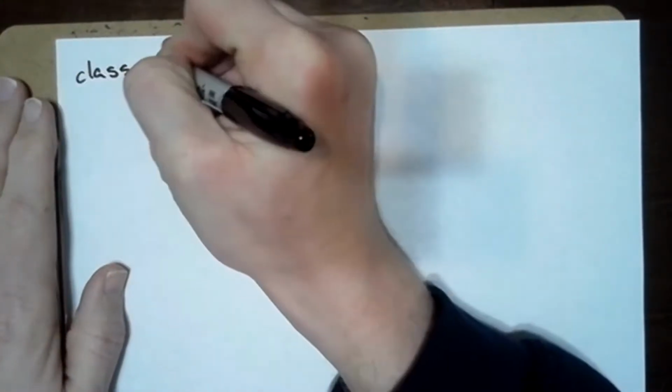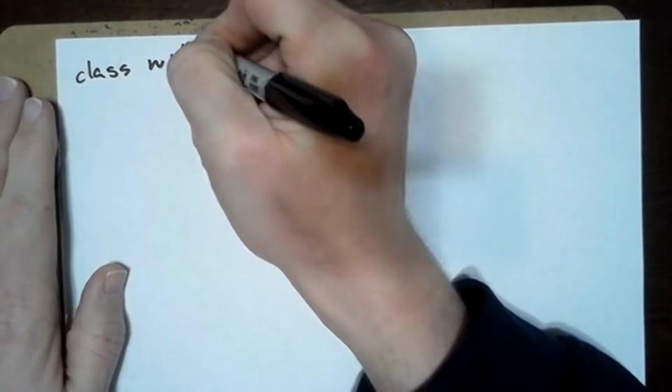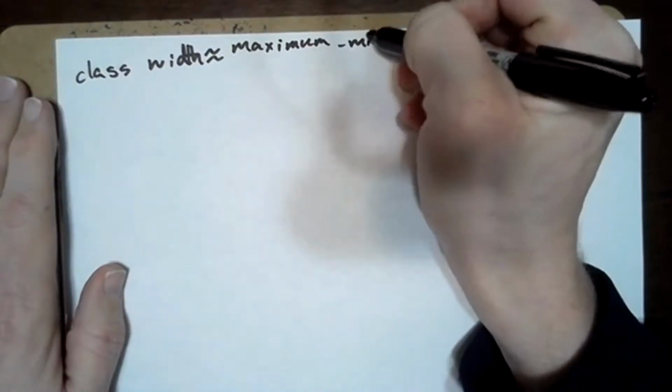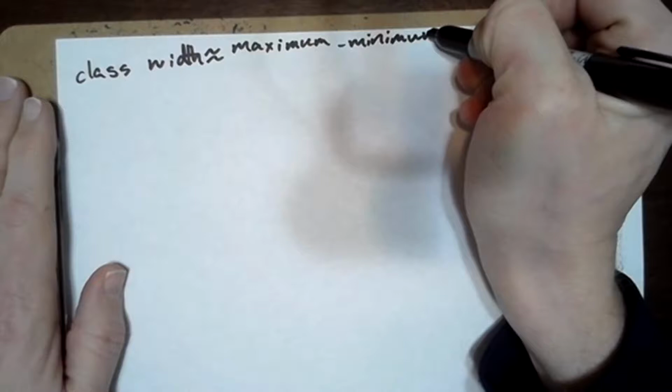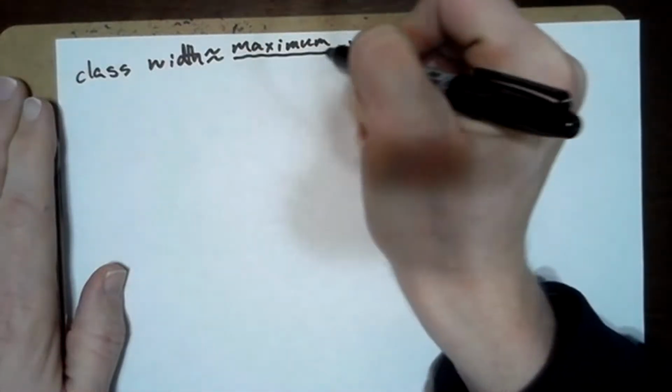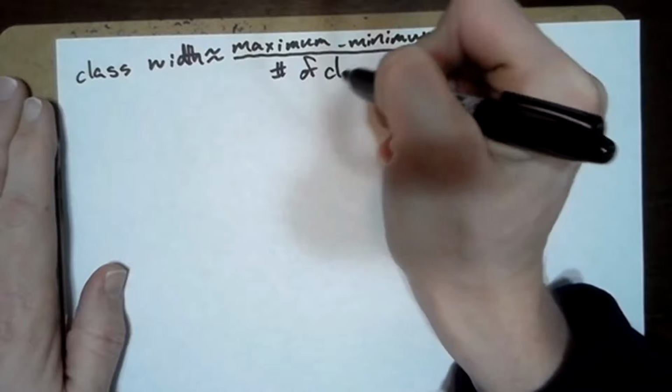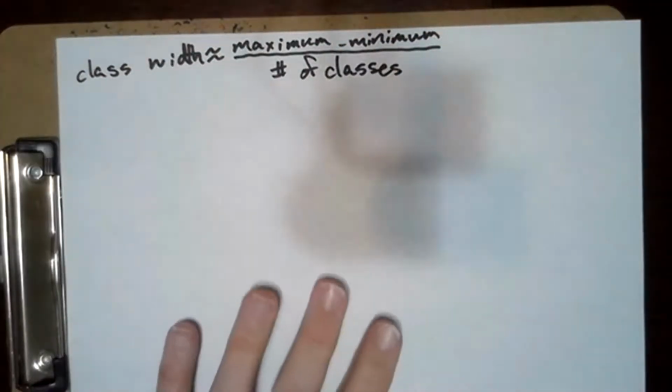And we know that the class width is approximately the maximum minus the minimum divided by the number of classes. Well, in order to do that, we need to know what the maximum and minimum are.